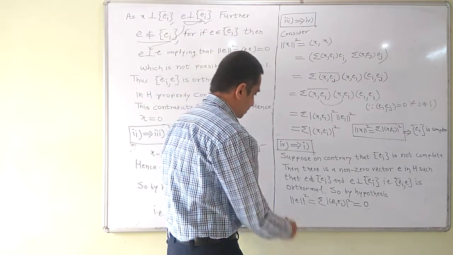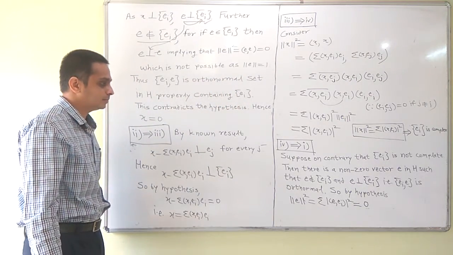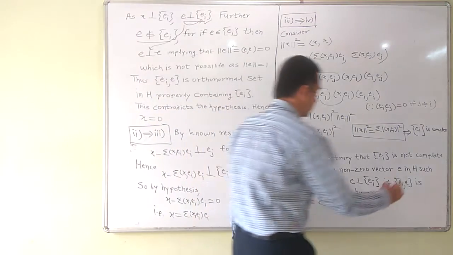So norm of E must be equal to 1, and this is a contradiction. Hence our assumption was wrong, that is, ei must be complete.